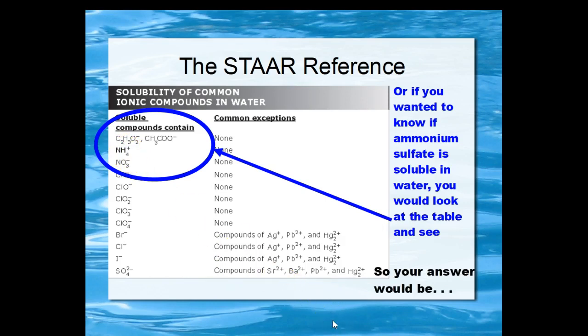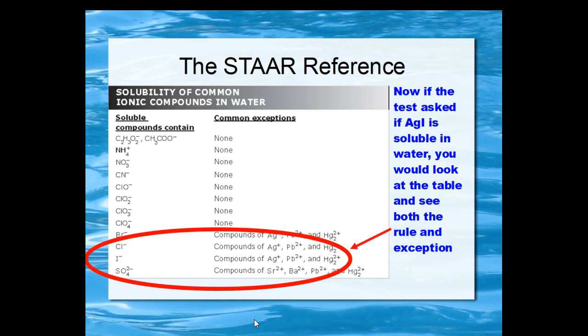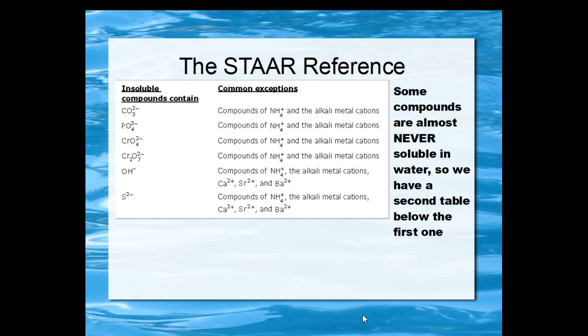So your answer would be yes, ammonium sulfate is soluble in water. Now if the test asked if silver iodide is soluble in water, you look at the table and see the rule, yes, iodides are soluble, but it also says that silver, in terms of iodide, chloride, and bromide, that's one of the exceptions. Your answer would be no, it's not soluble in water.